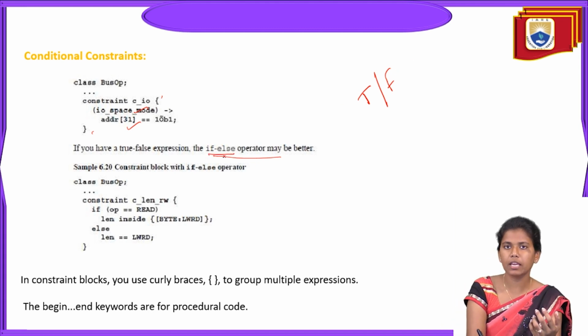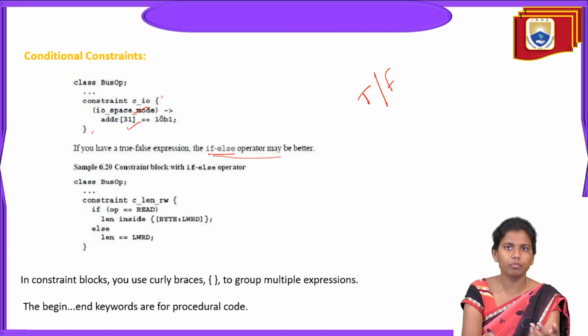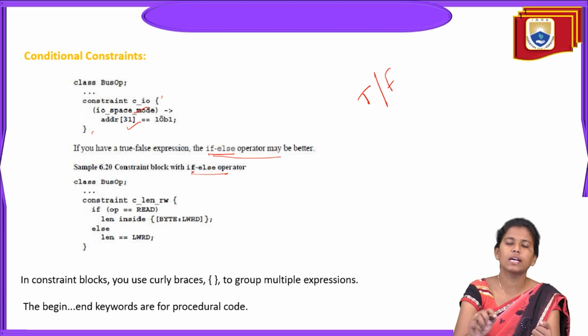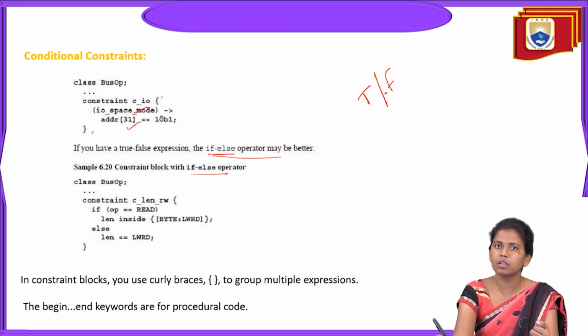So if else plays a vital role in knowing whether the given code is true or false. Then the constraint block with the if else operator. As I said, the if else conditional block operators are all included in this constraint block.